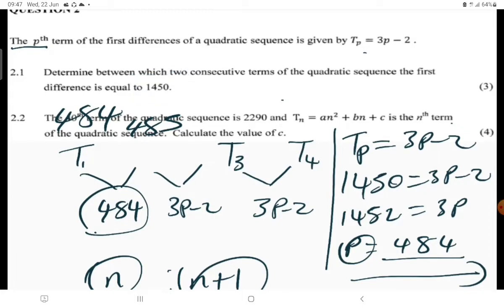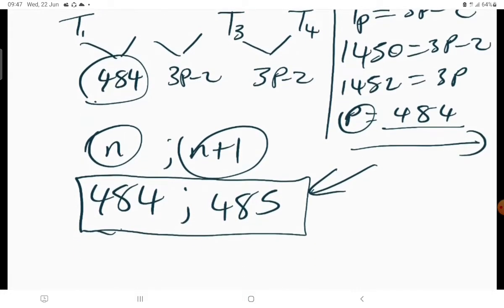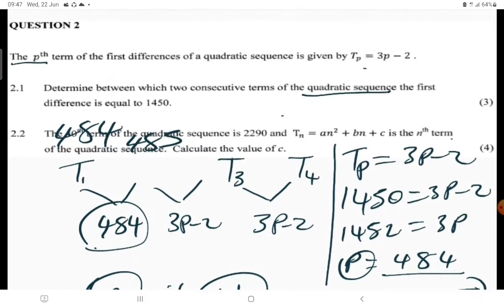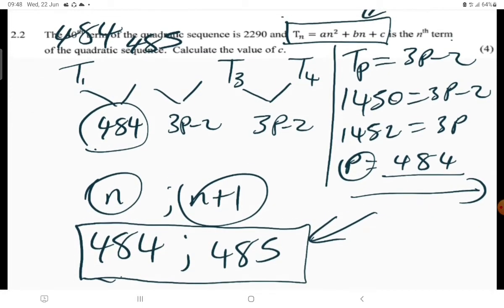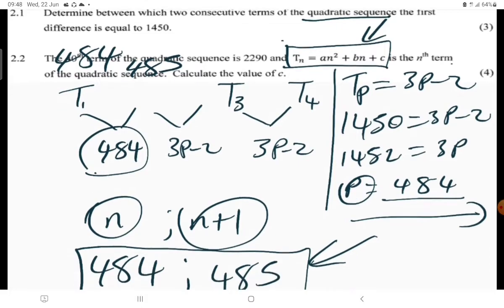For us to find the actual terms, we would need to have the equation of this kind and substitute n being equal to 484, then n being equal to 485. But now they are just looking for the positions, which means they are looking for the value of n. So we are done for this one.